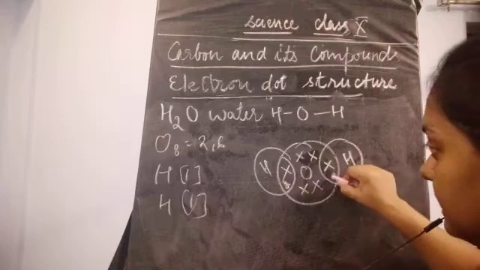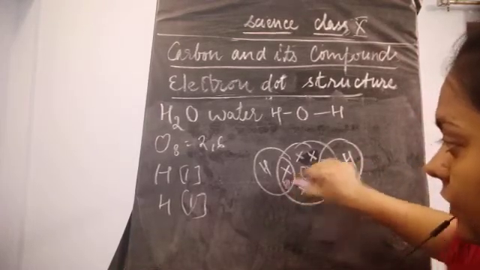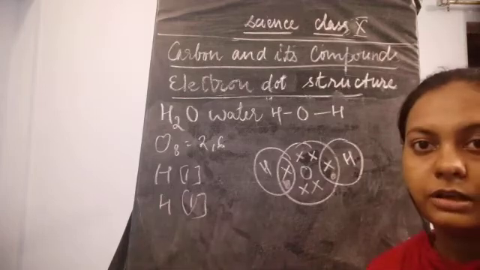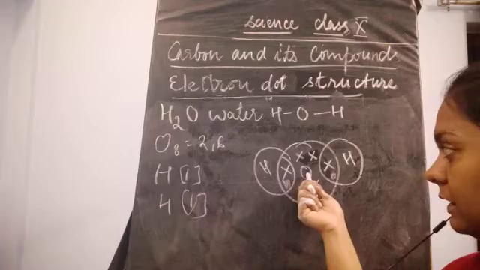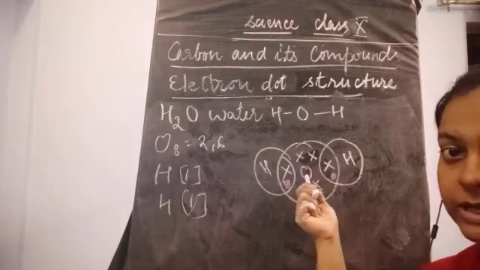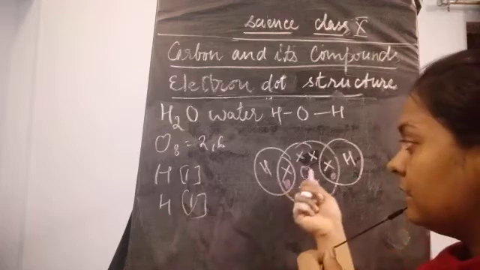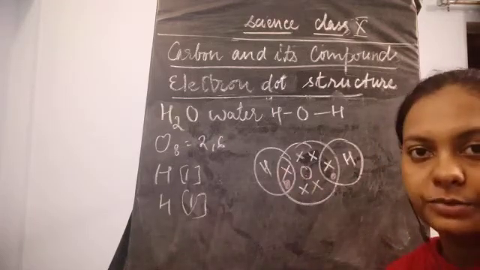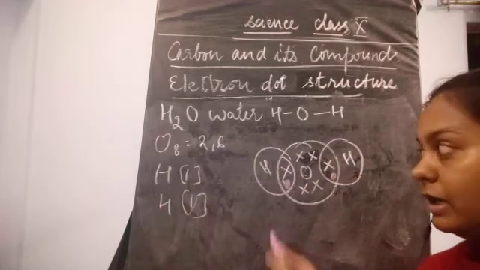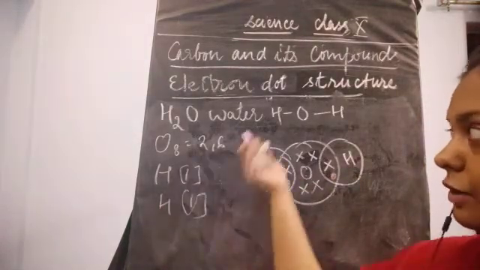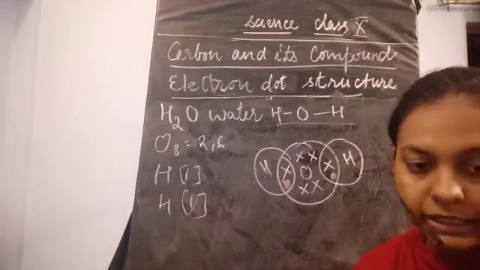Here also it has participated with one of its electrons. So this oxygen has donated one of its electrons to hydrogen. Similarly, one of its electrons is being donated to hydrogen this side. So it becomes 2 and 2 here. So what kind of bond is it forming? It is forming the single covalent bond in H2O.